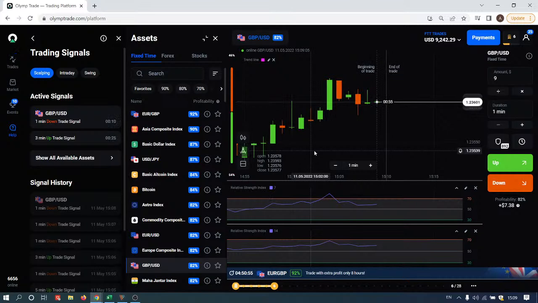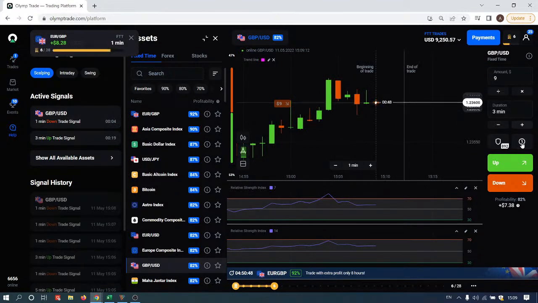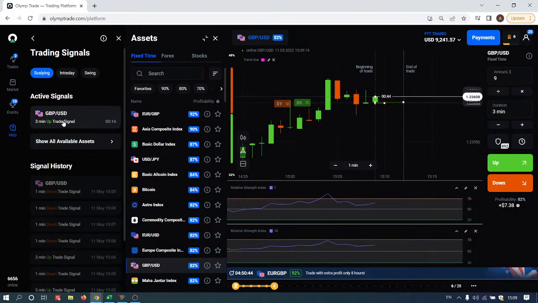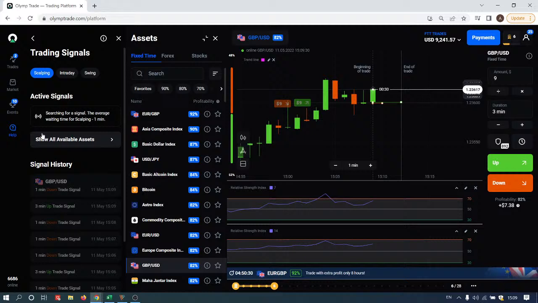Sometimes we have really fun things, like a 1 minute down signal for a duration of 1 minute, and then also a 3 minute up signal with the same asset. So kind of like 2 signals in opposite directions. Well, that's the logic, that's the algorithm behind these signals.